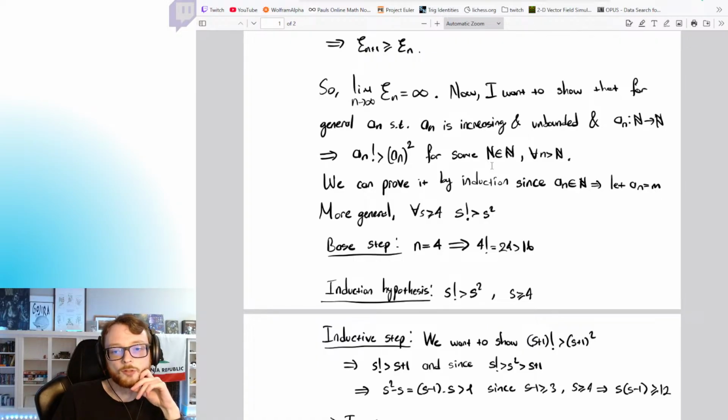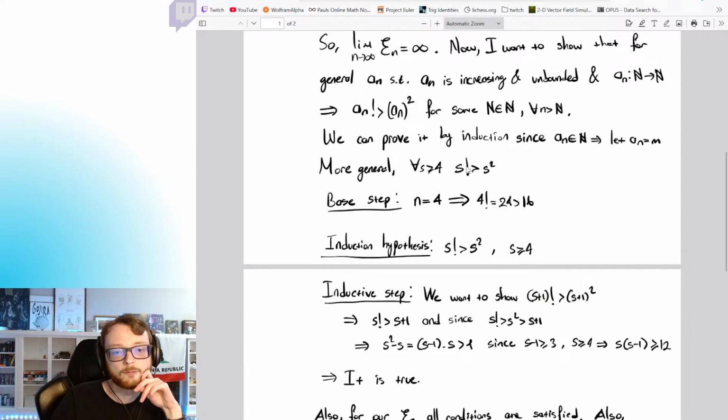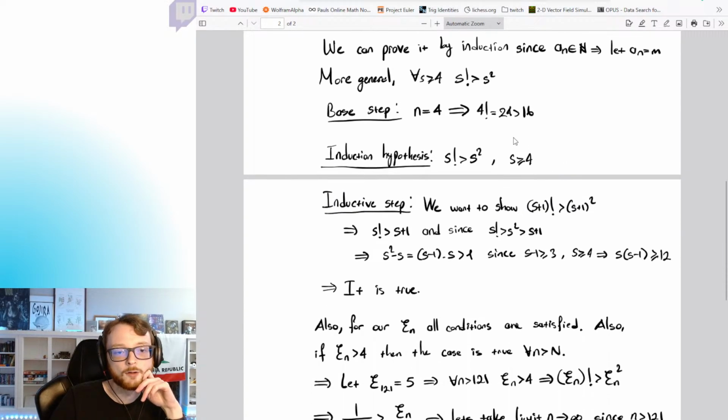Prove it by induction. For all s greater than 4, I guess, is the cutoff, s factorial is greater than s squared. I assume this isn't the hard part of the proof either.